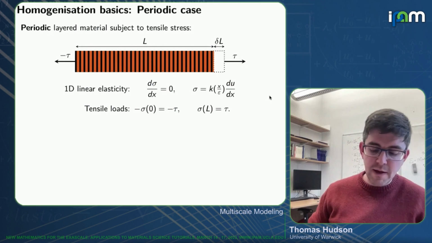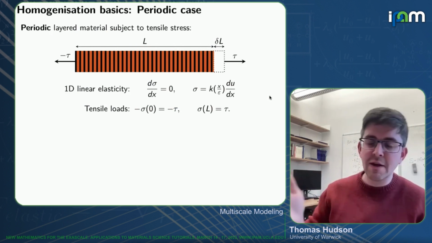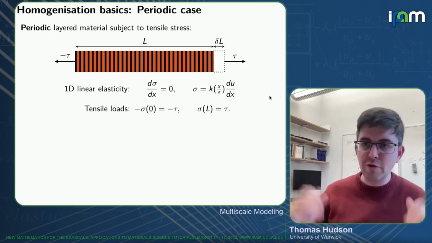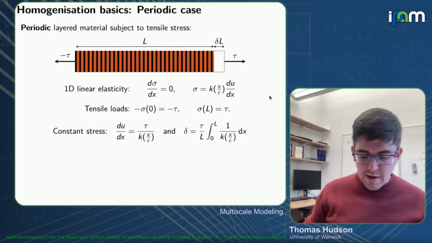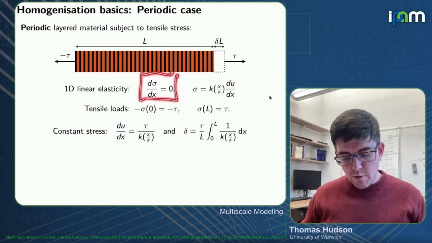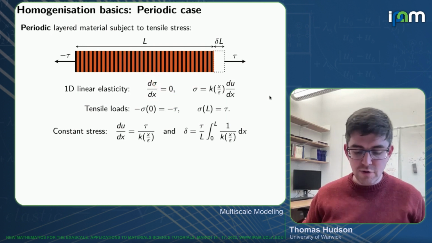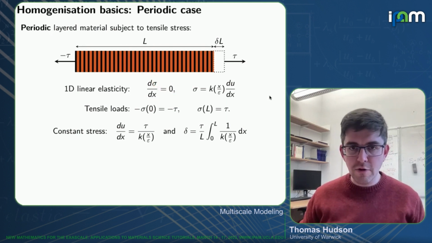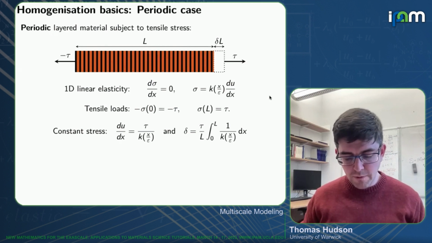That gives me flux boundary conditions, saying that the normal stress at the ends is tau. Now if I look at this linear elastic equation and integrate it once, I get that the stress sigma is constant throughout the entire material, in this very simple model.